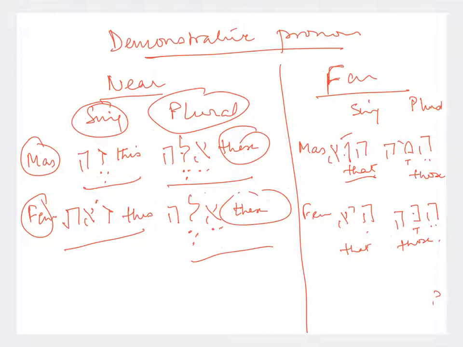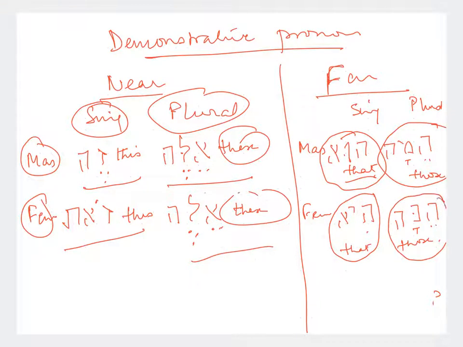Remember that the context will tell you how best to translate it. So hu can also function as that, and again this form is hi. You've come across it as a 3FS independent personal pronoun, but it's also a far demonstrative pronoun, feminine singular, translated as that. You have the masculine plural as hem, and the masculine feminine plural as hen. Again, context will always tell you how to translate it.